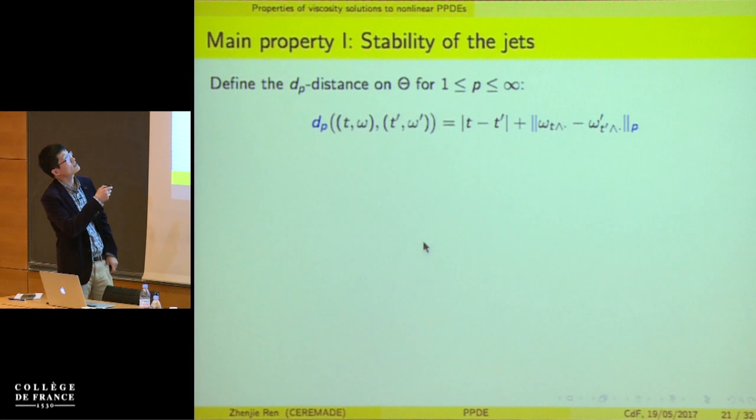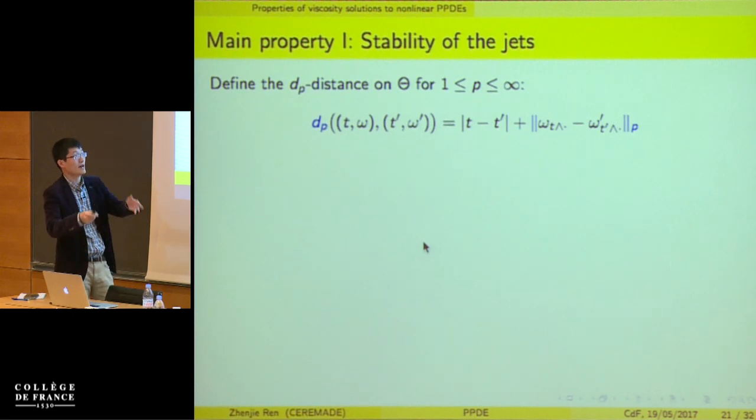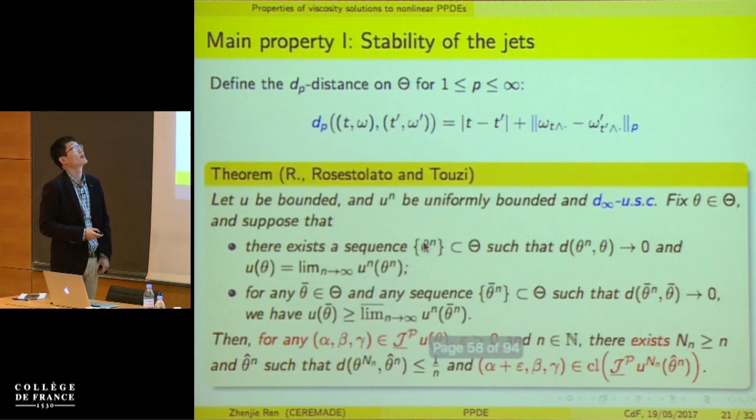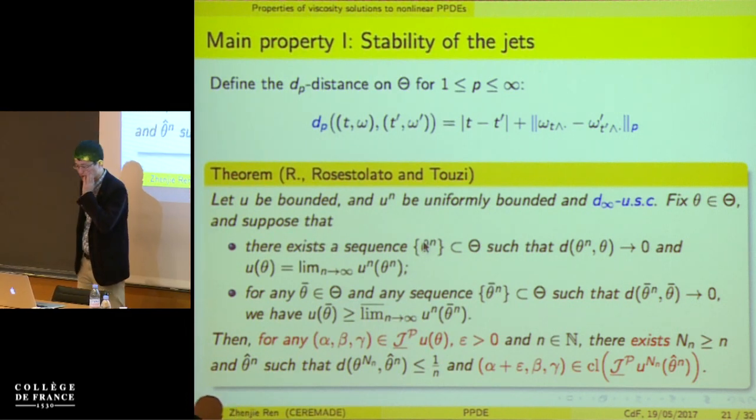The dp is composed of two parts: the difference of t and the difference of the path, and this difference is described by the LP norm. So first, and very important, is the stability result.